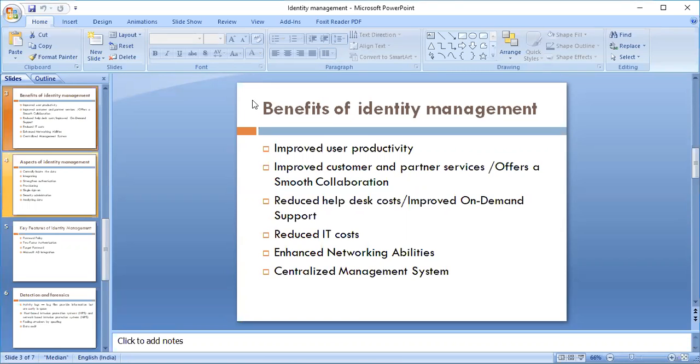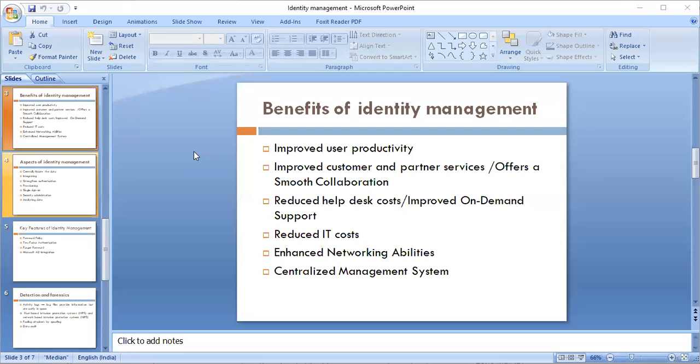Then we have reduced IT cost. The cloud ensures all the mechanisms of security, authentication and authorization, so we don't have to embed additional mechanisms for that.